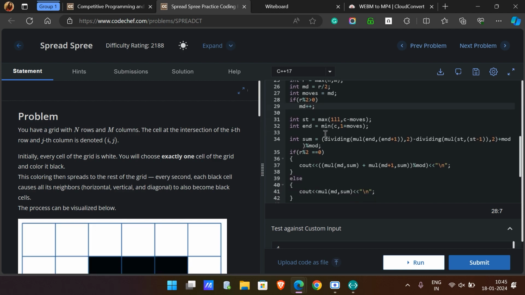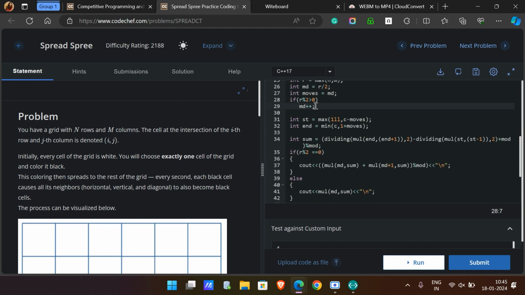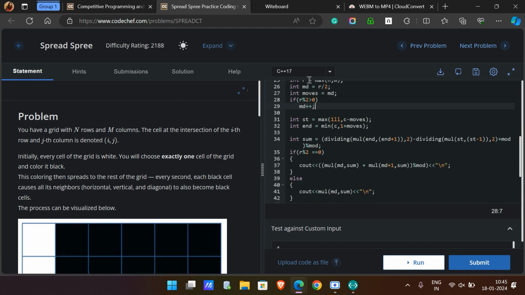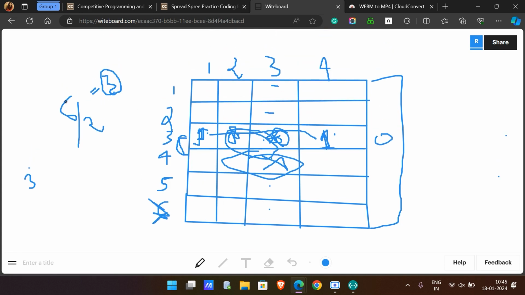Now if r is odd, then I'm incrementing my mid. Why is it? Let's say I have 5 rows only, so it is odd, then 5 by 2 would be 2. So this is not the starting one, because the third row would be the row that would be contributing to my answer.